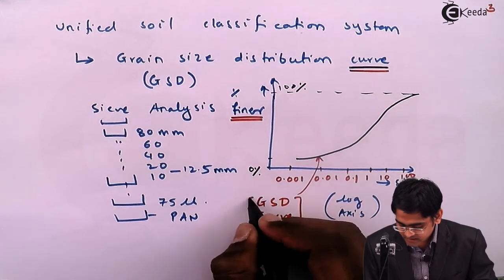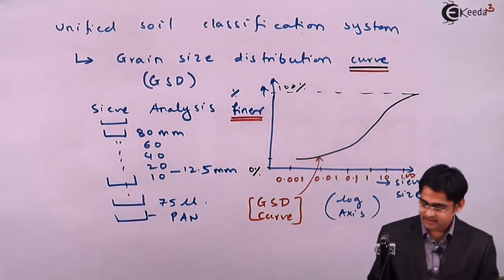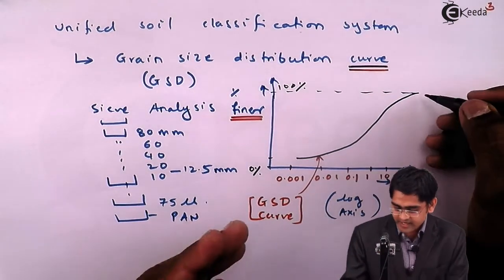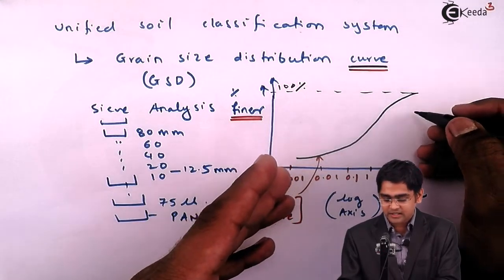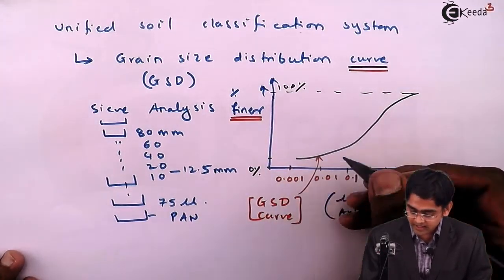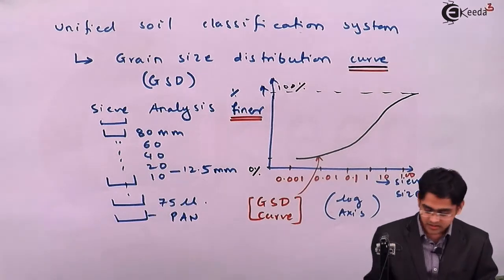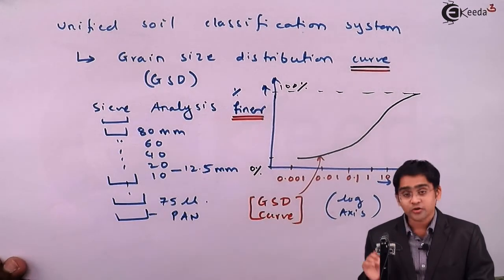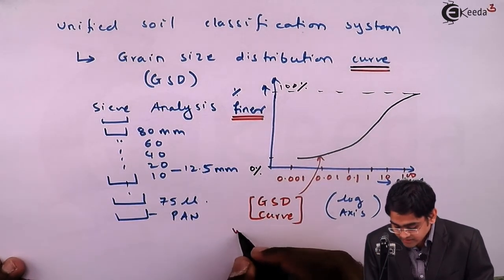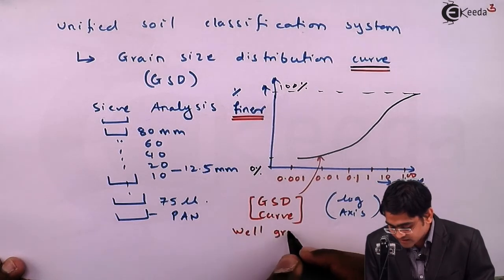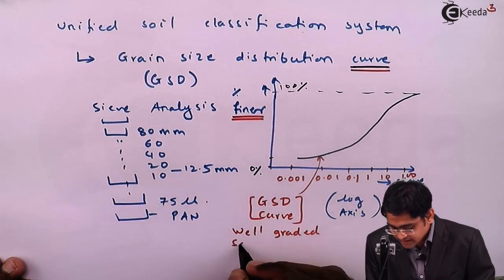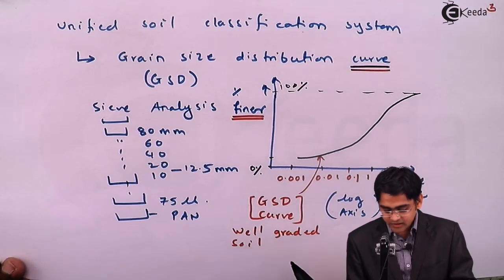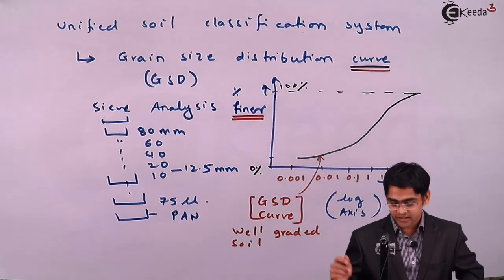We have also seen the cases where, if a wide range of particle sizes is present in the soil, it is called non-uniformly graded, or well-graded soil. Well-graded means all the particle sizes are present in your soil.